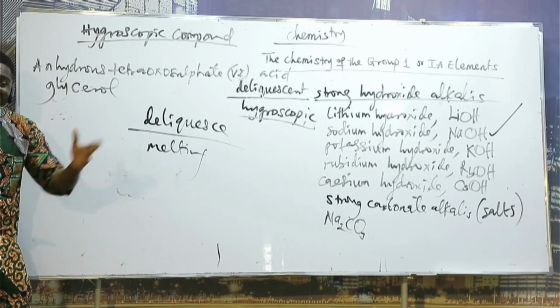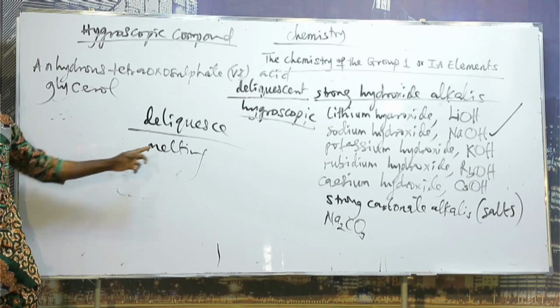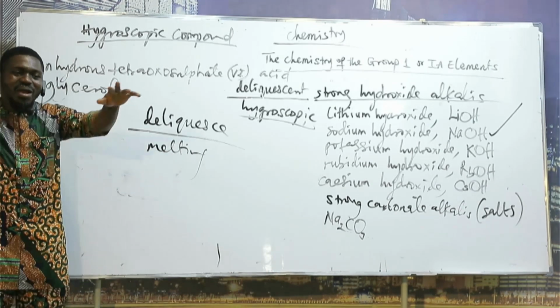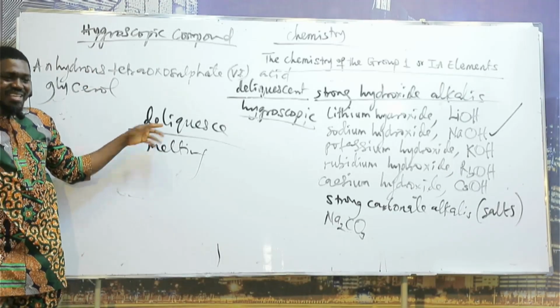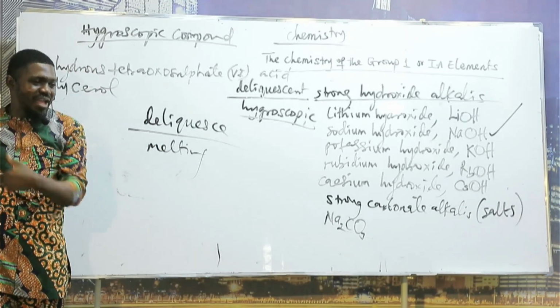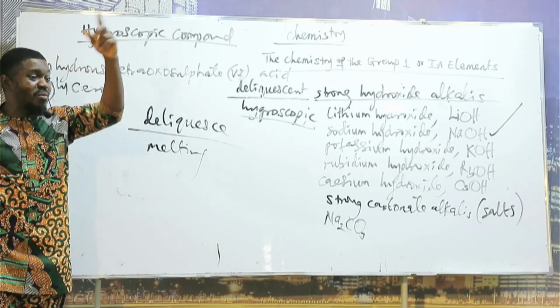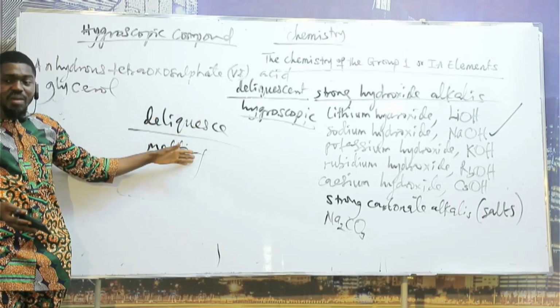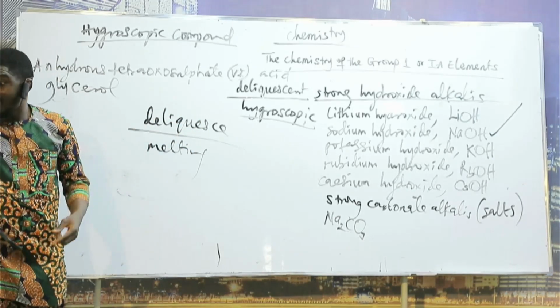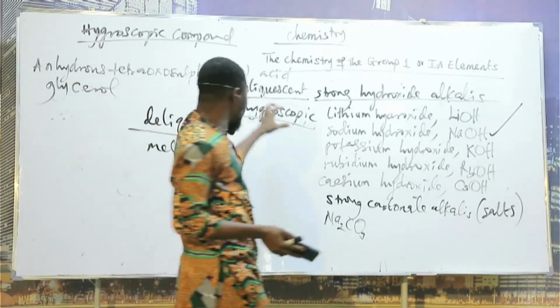Agent. What will cause it is the difference. This one we need what? Thermal energy around. But this one we need what? It will absorb water vapor from air and dissolve in that water to form what? A liquid. So this word and this word means to turn into liquid. Is that right? A solid turning into liquid. That's the meaning of this.